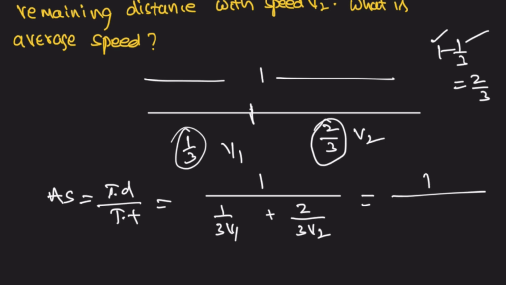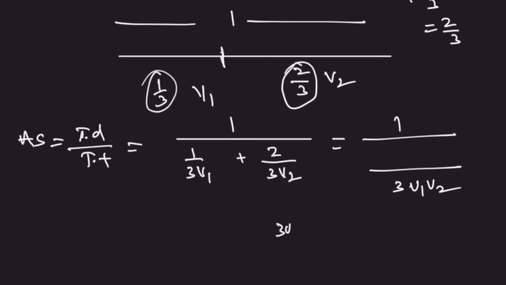Okay, so what is the LCM here? 3 is a number, so we get here 3 and V1 V2. So then we get 3 V1 V2 is the LCM. 3 V1 V2 is divided by the first term 3 V1. So 3 V1 cancel, then we get here V2. V2 is multiplied with the numerator, that is 1, V2 into 1, that is V2 plus.